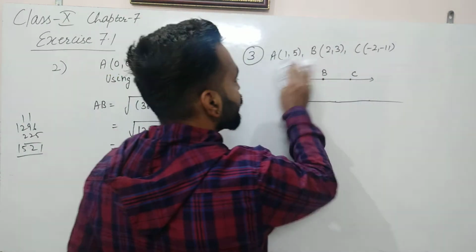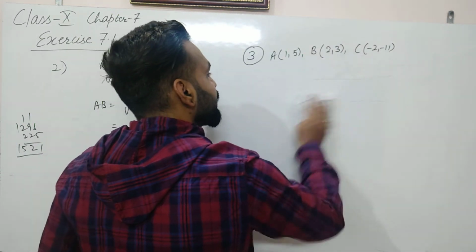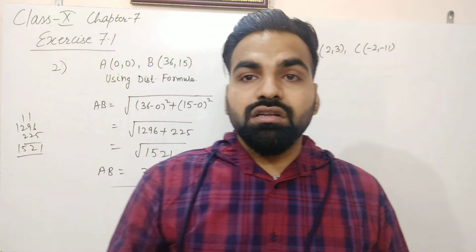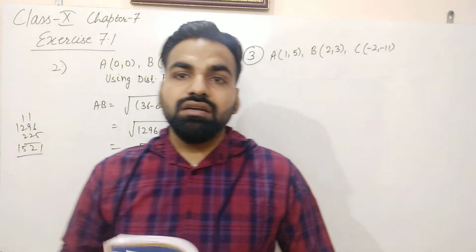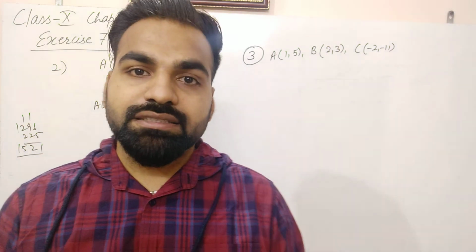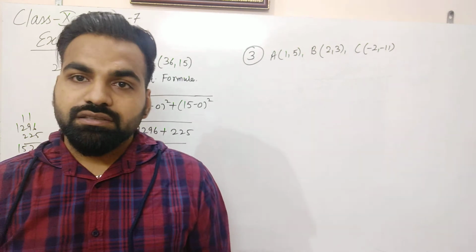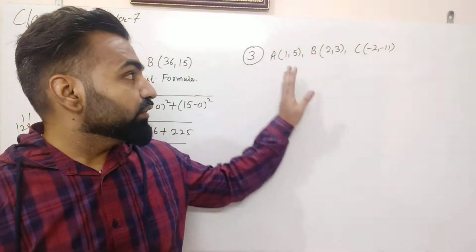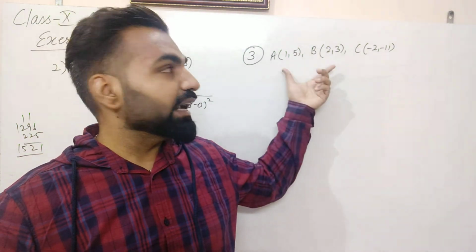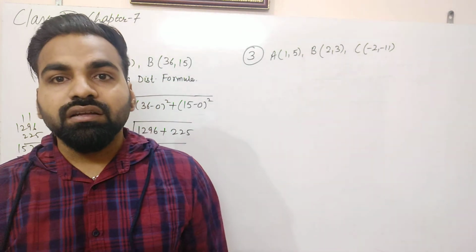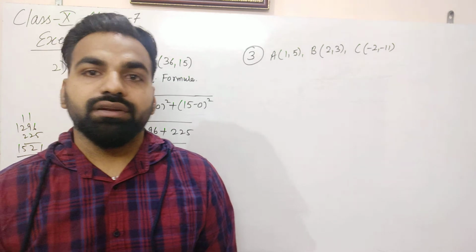So now we have to prove that these points are collinear here. Now how to check that points are collinear? Points are collinear if the sum of 2 distances between these points is equal to the third distance. So we will find AB, BC and AC. If the sum of any 2 distances is equal to the third one, then the points will be collinear. Clear?